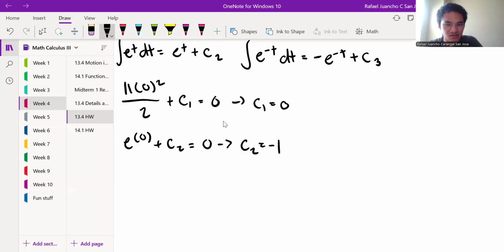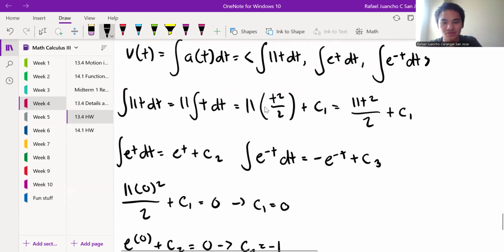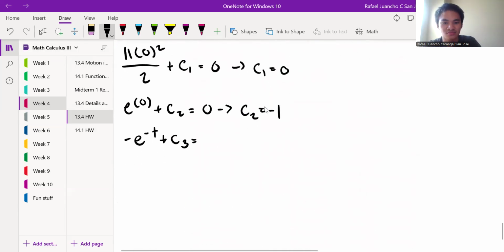And lastly, I have negative e to the negative t plus C3 equals 1. I change this to a 0, I get -1 here. So what do I do here? Well, C3 should be 2, right? Because 2 minus 1 is 1.